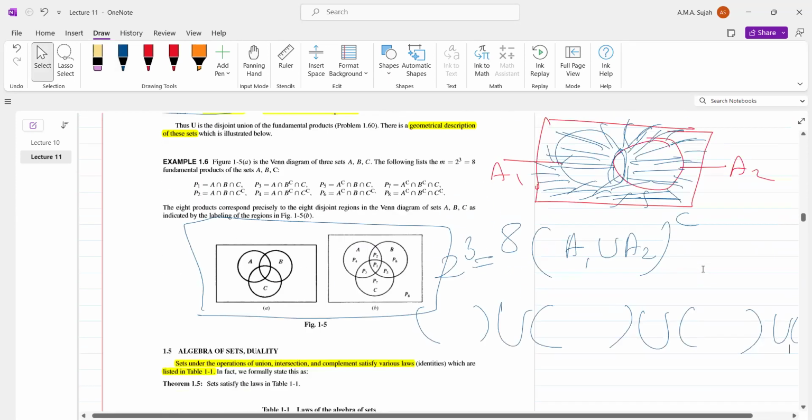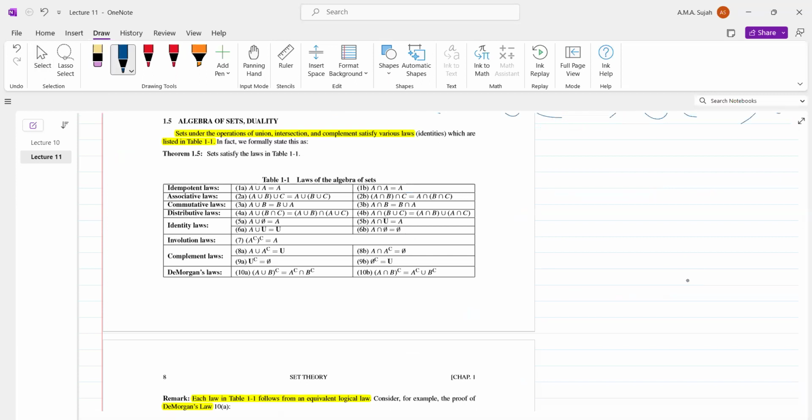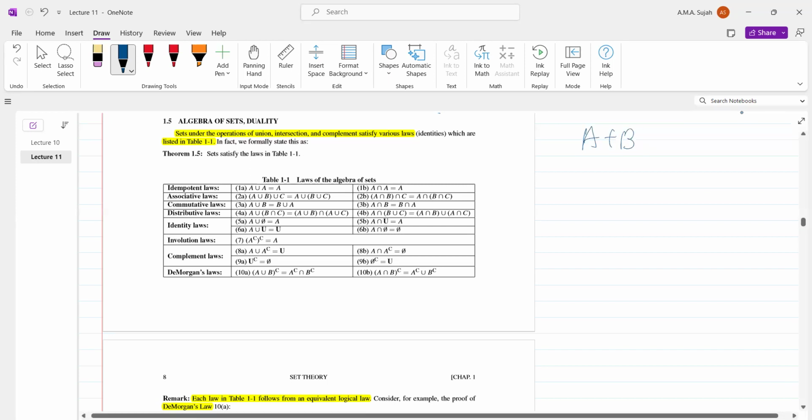Okay, now we will move to the next topic, algebra of sets, right? We will discuss some principles, some laws related to set theory. Already we have discussed some properties related to numbers. We discuss similar properties, let's say A plus B is equal to B plus A, right?